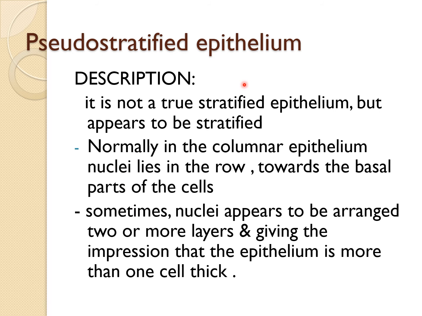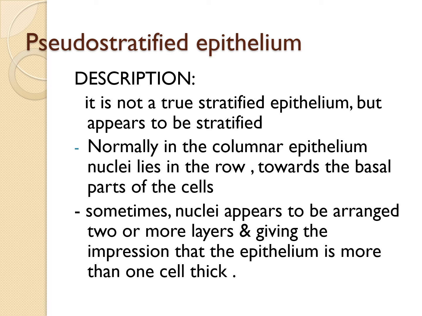Now pseudostratified epithelium. Pseudostratified epithelium is not a true stratified epithelium but appears to be stratified. Normally in columnar epithelium, nuclei lie in a row towards the basal part of the cells. Sometimes nuclei appear to be arranged in two or more layers, giving the impression that the epithelium is more than one cell thick.